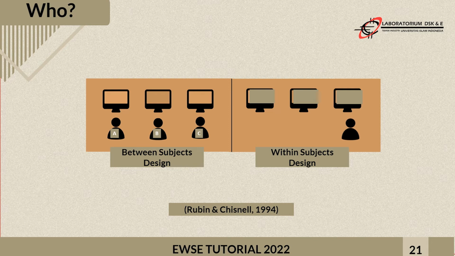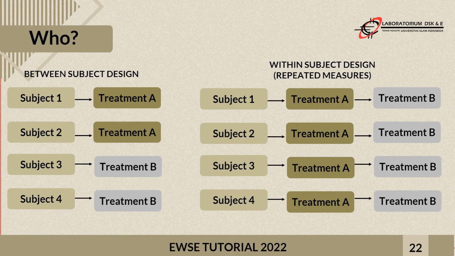So the fourth subject will get both of the treatments so they can compare the result later. But at the end, which one is better? It all goes back to the evaluator. Which method of usability testing do you want to use?